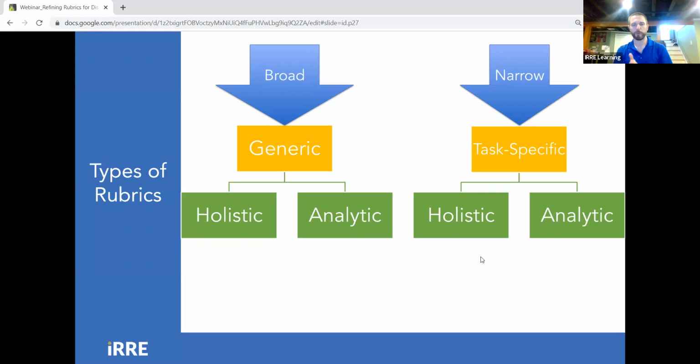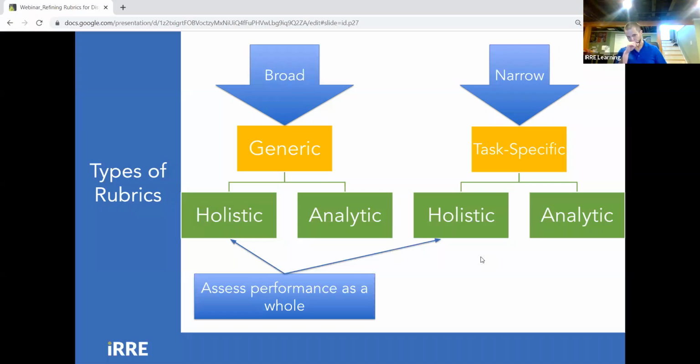Generic rubrics are better suited for a skill like problem solving or evidence-based reasoning. Task-specific rubrics, as the name implies, are more narrowly tailored for specific tasks, like a specific essay or a specific argument or a specific piece of art that you're actually going to create. And in both cases, they come in those two different flavors of holistic and analytic.